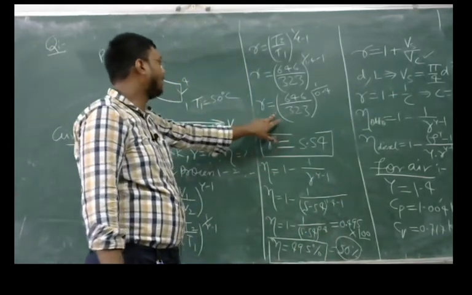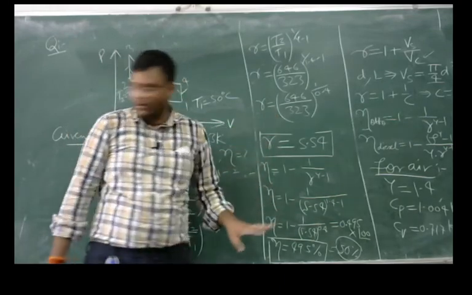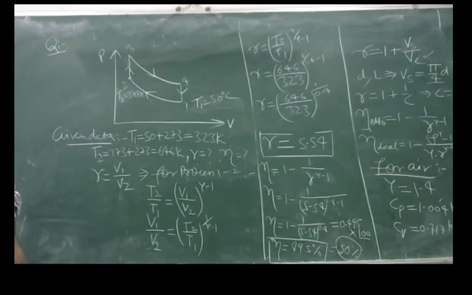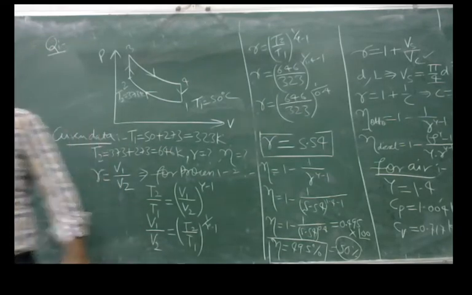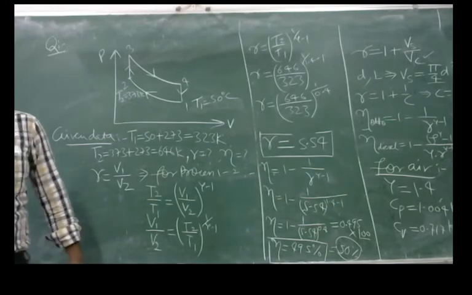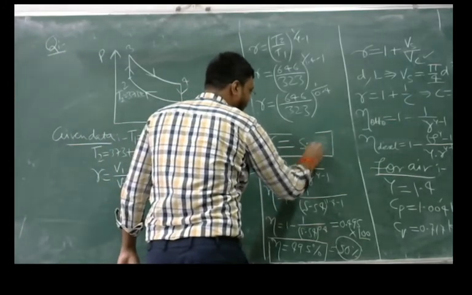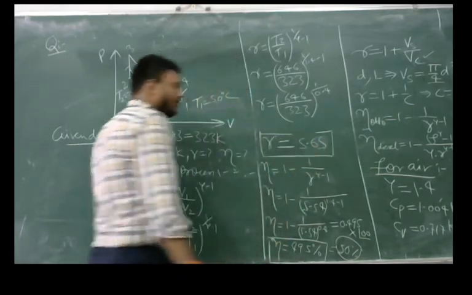Now again you have to calculate with the help of a scientific calculator, and we will get R equal to 5.65.